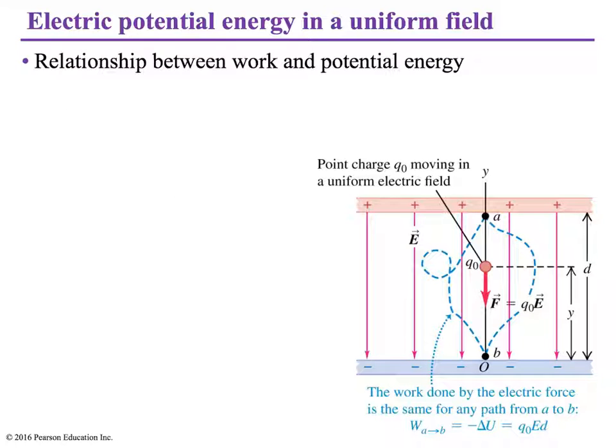Now we want to think about what's going to happen to the potential energy. So really the force that we're talking about, F equals Q naught E, is the force that the electric field exerts on the charge. And then it's moving the charge. And of course we saw that as it moves the charge, it does work.